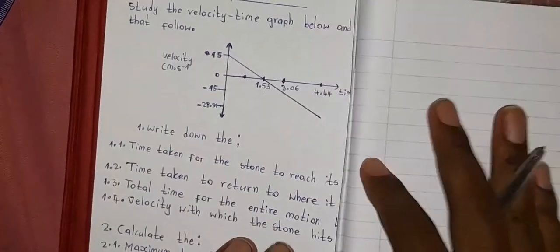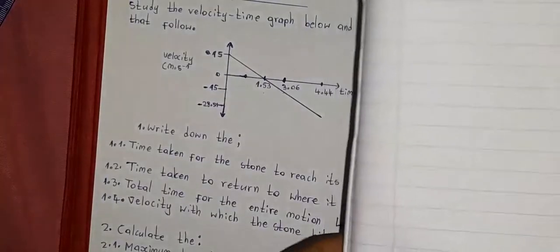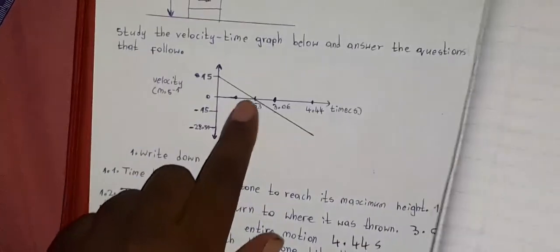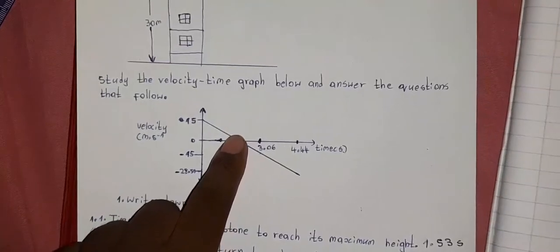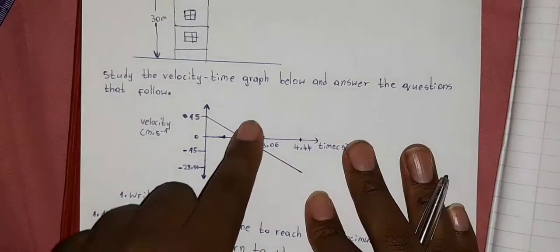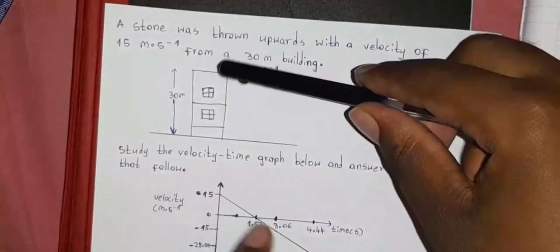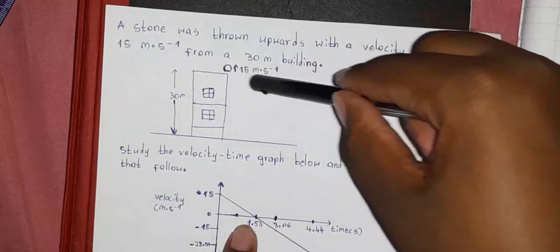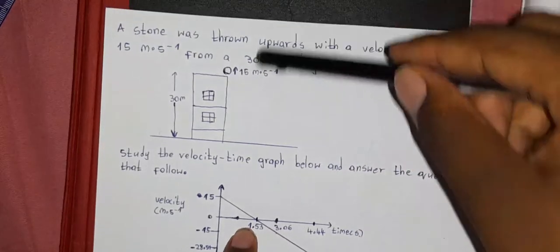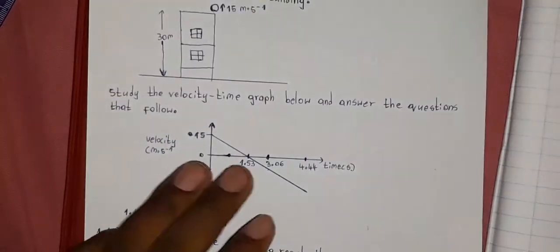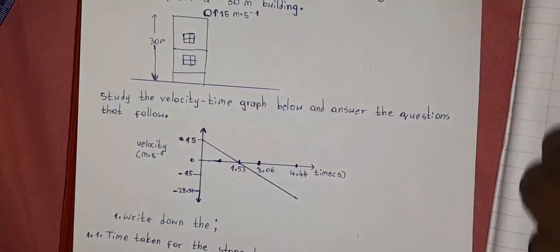So I want us to use the area to calculate. When we calculate the area, it will give us a height from here to here. So after we get that height, we add it to this 30 meter there, then it gives us the maximum height. So let's do that.